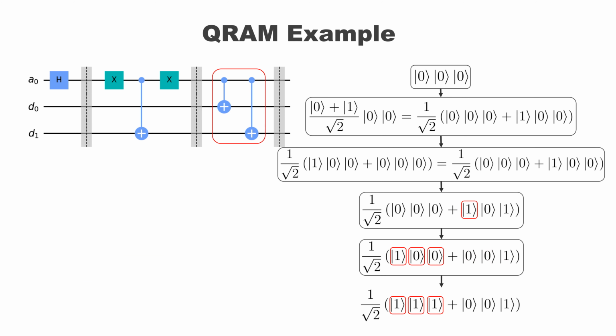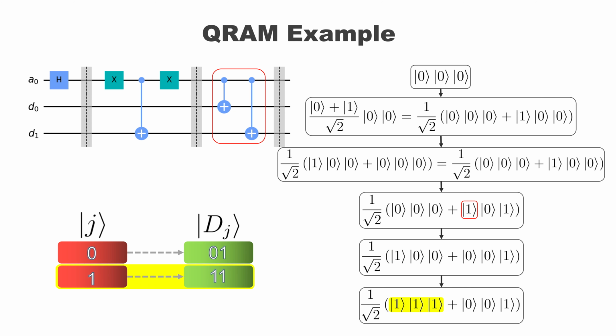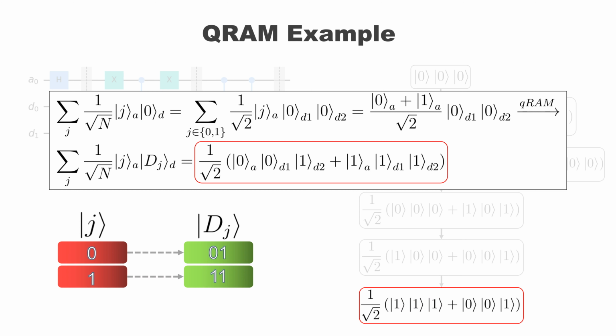The last part of this quantum circuit, two CNOT gates, flip the data qubits if the address qubit is in the state 1. This operation encodes the state 11 of the data qubits into the state 1 of the address qubit. Finally, we prepared the QRAM state for our dataset. When the address is 0, the data is equal to 01, and when the address is 1, the data register is in the state 11.